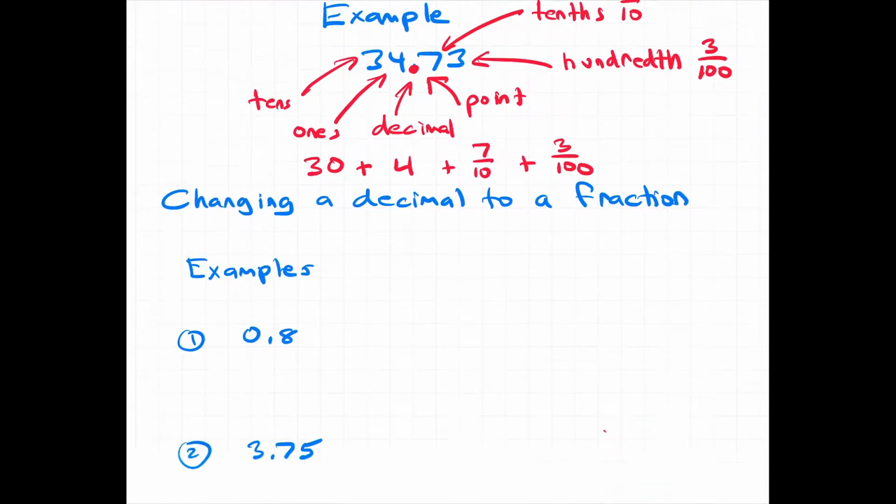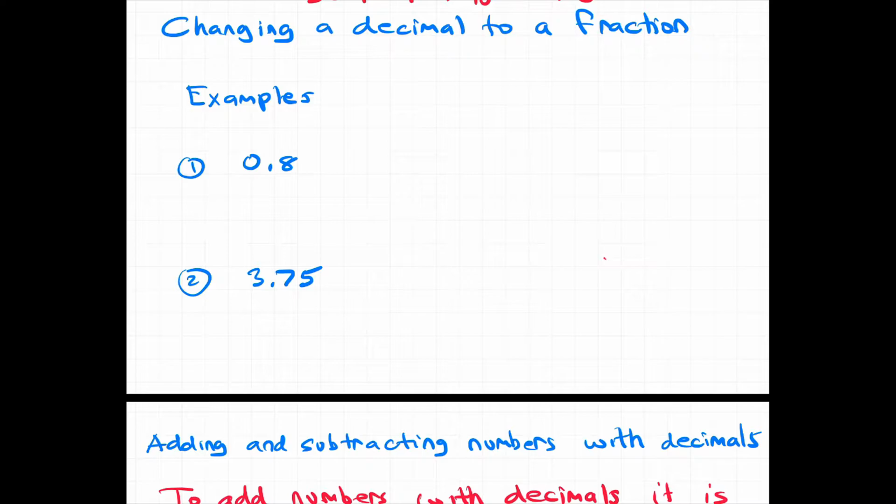And we're now going to take a look at how to change a decimal into a fraction. Okay, so if you notice right here that this 0.8, the number to the right of the decimal, again, is in the tenths column. And so basically, this is going to be 8 over 10.